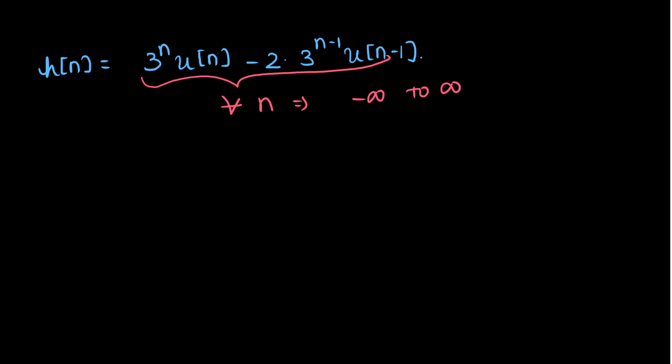Or if we ignore this u of n, it would be a one-sided or right-hand sided function, but it is basically valid for all values of n ranging from minus infinity to infinity, which implies that the length of this h of n is infinite, which means that this h of n is of infinite duration.